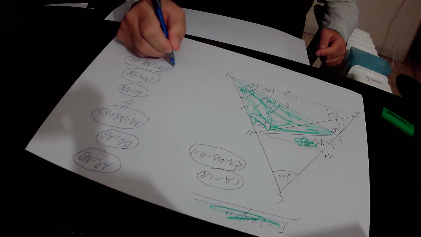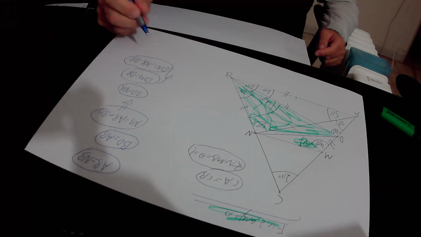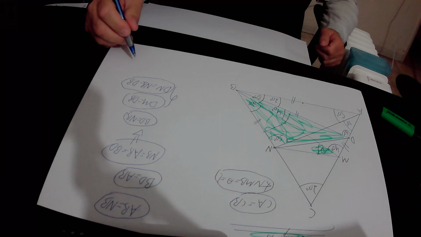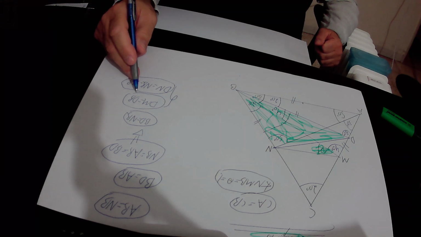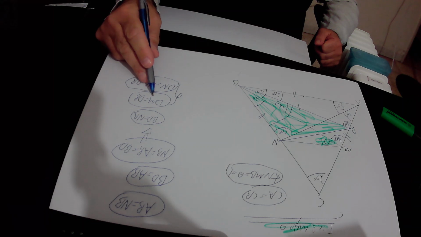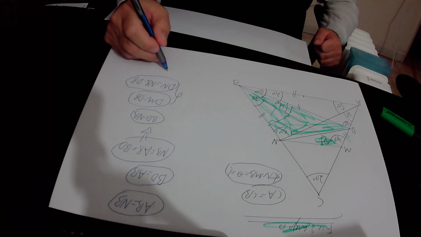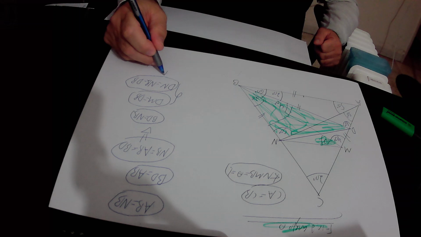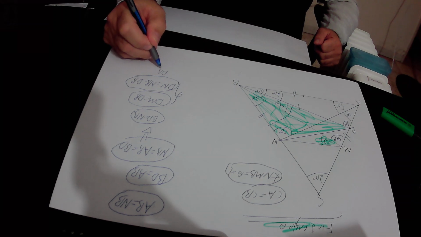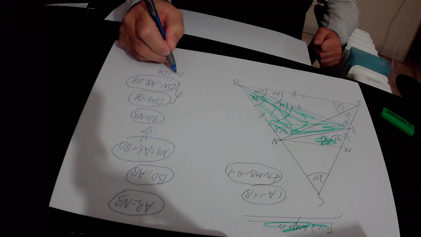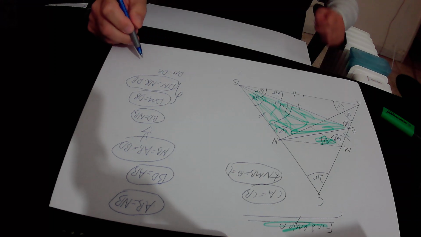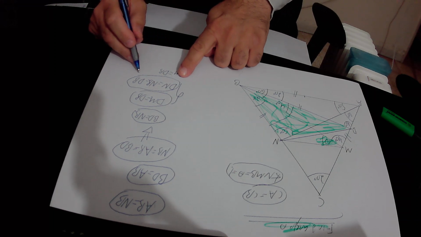So we'll focus on those two equations. The value of DB according to this equation equals DM. So we can write here that DB equals DM. But from the other side, according to this equation, DB also equals DN.